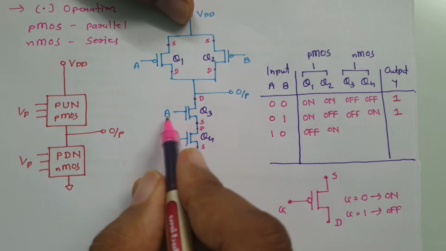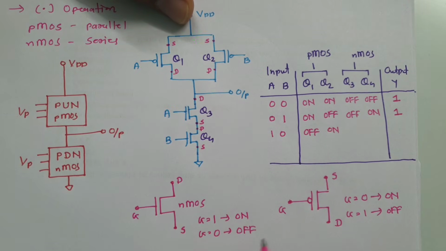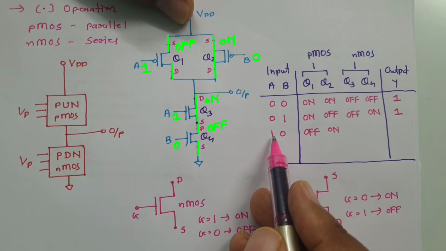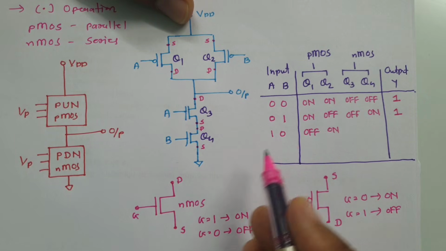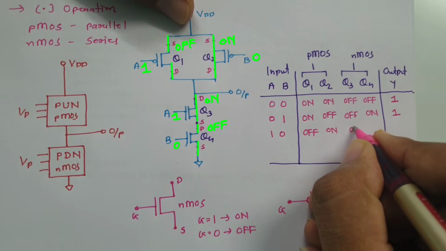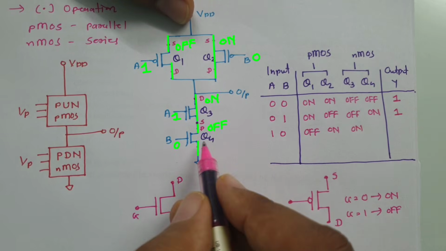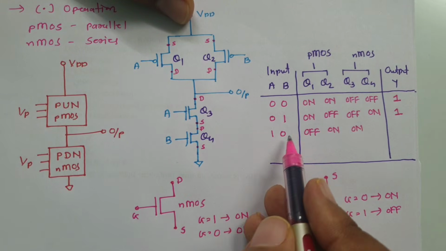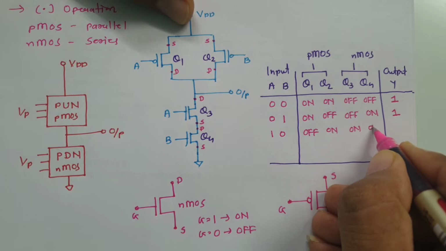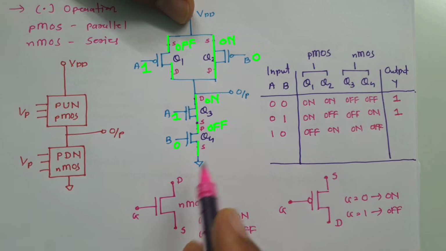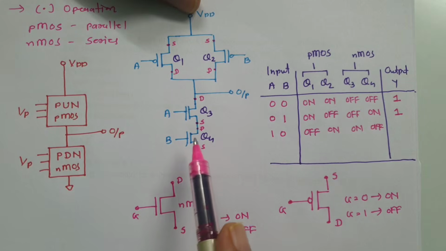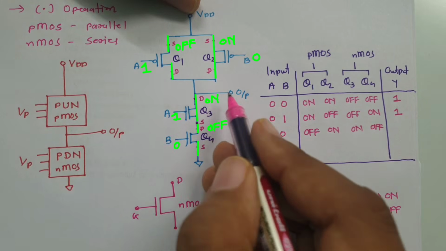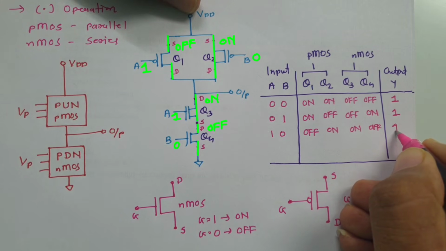And here Q3 is connected with NMOS, and here A is 1, so Q3 will be on, and this Q4 that is NMOS is having input 0, so it will be off. So again output will be VDD as this is open circuit. So output will be VDD means logic 1.